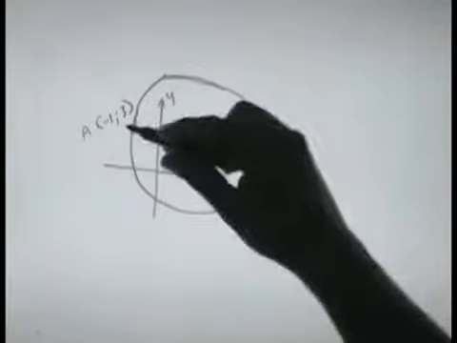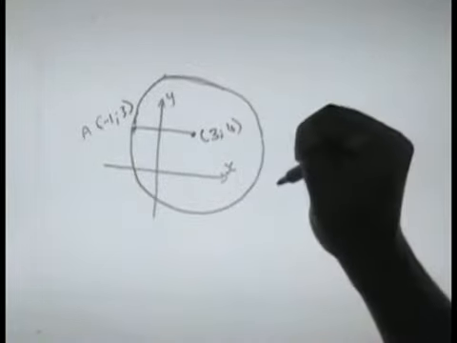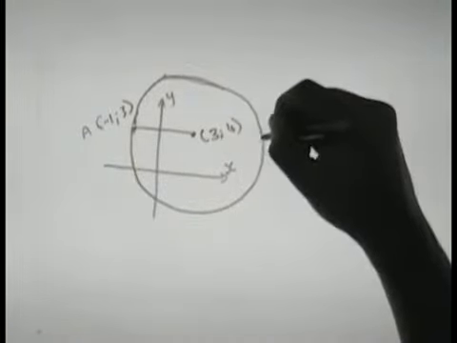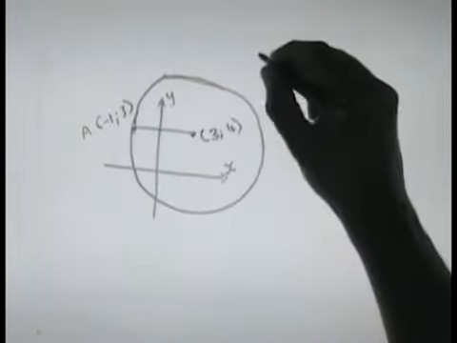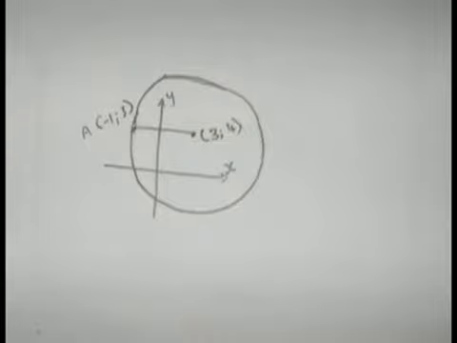We are now going to look at the equation of the circle. Again, we are not going to look at the equation of the circle, but rather we are going to look at r.